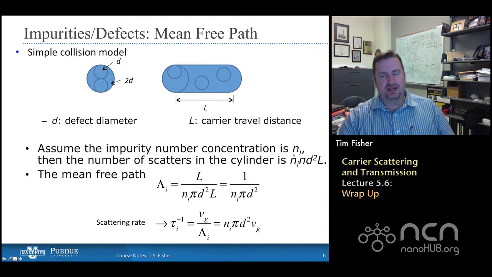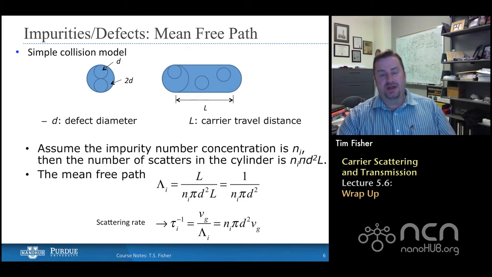That's that lowercase n subscript I. And if we look at this then as a tube of transport of length capital L, we can then characterize a mean free path by knowing the density, the number concentration of defects, and the length of this tube. And in fact, the lengths cancel out.